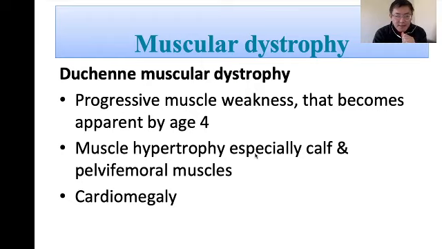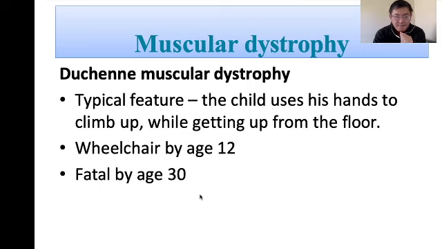This is a genetic disorder. The patient will have symptoms by age 4. The patient will have muscle hypertrophy and muscle weakness. The patient will also have cardiac muscle weakness and enlargement of the heart, which is called cardiomegaly. The patient will have a unique symptom, which is called Gowers sign.